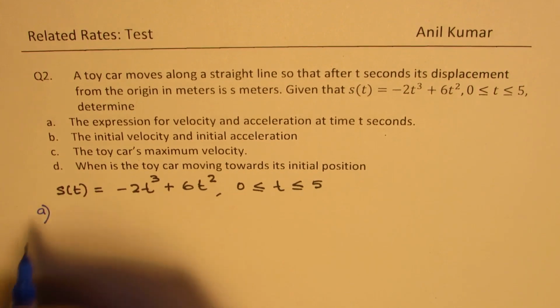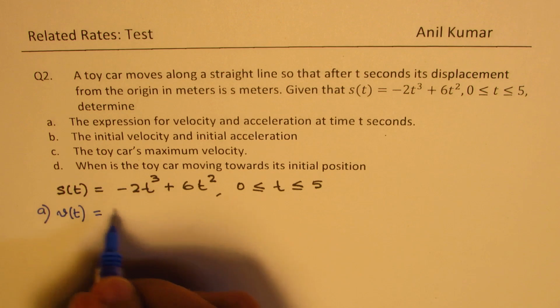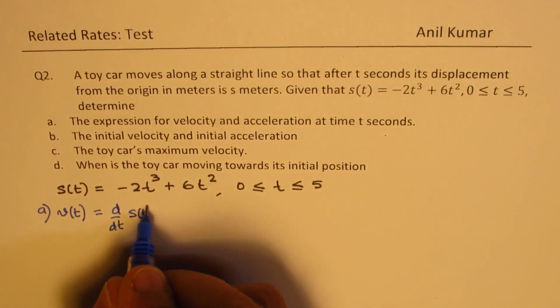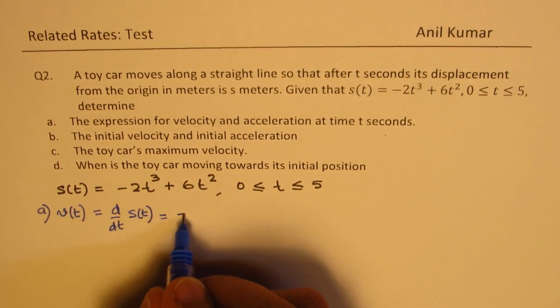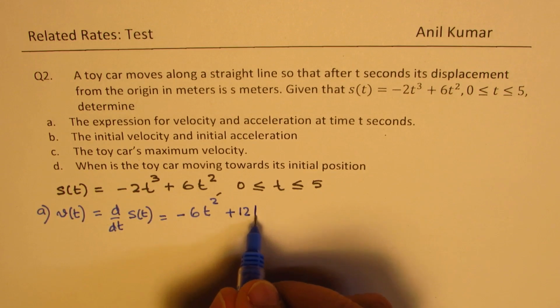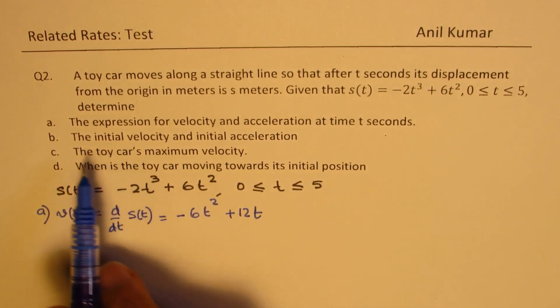That is the derivative. The velocity at any time t is the derivative d/dt of s of t, which will be minus 6t square plus 12t. So that becomes the expression for velocity.